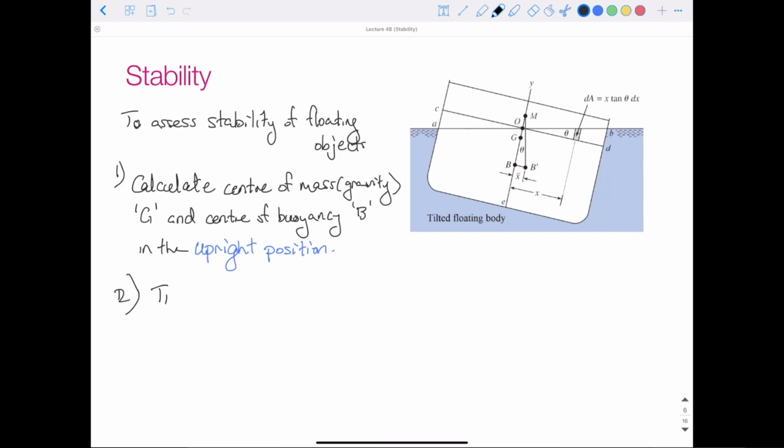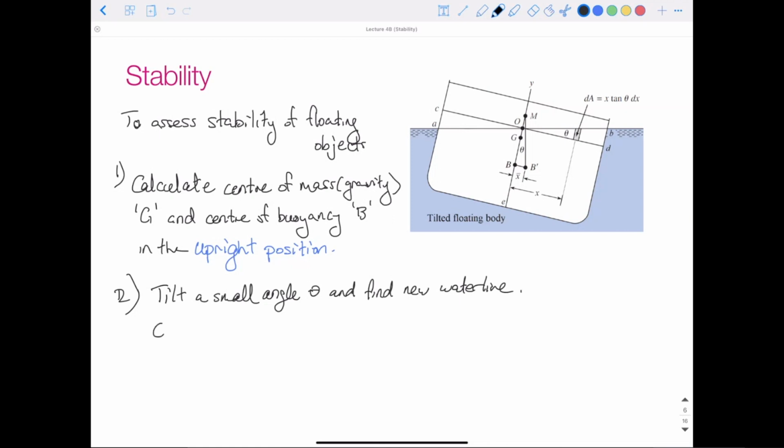So for step 2, we're going to tilt a small angle theta and find the new water line.